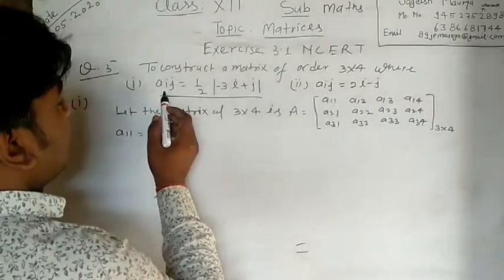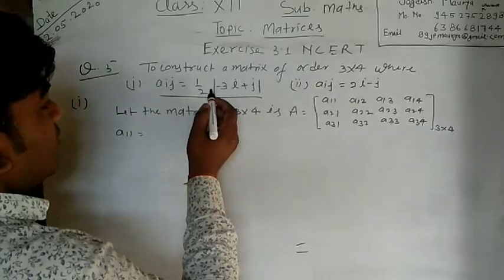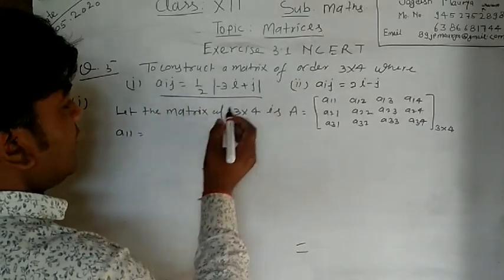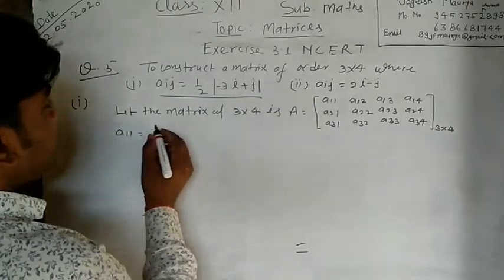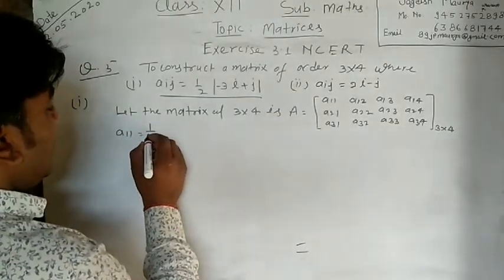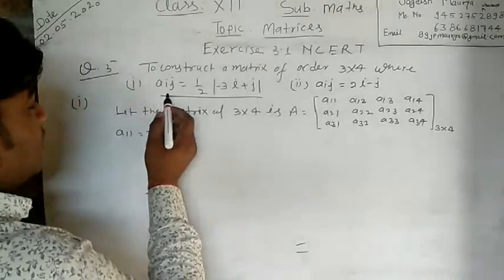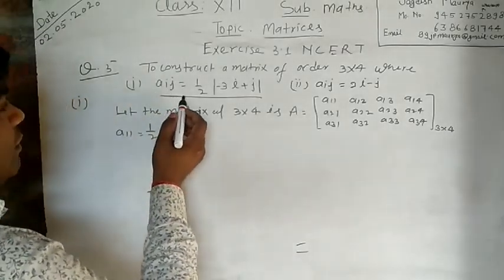Since Aij equals 1 by 2 mod of minus 3i plus j, A11 equals 1 by 2, putting i equal to 1 and j equal to 1 on both sides.